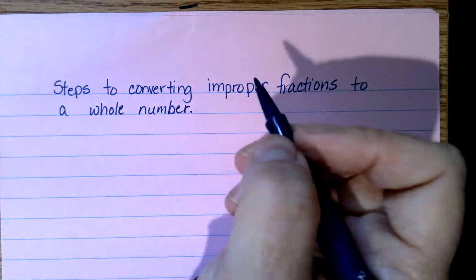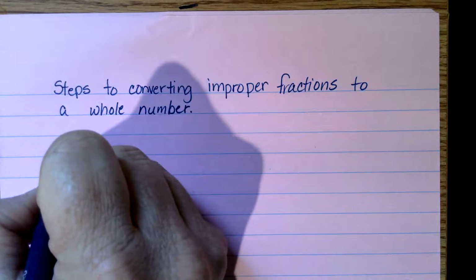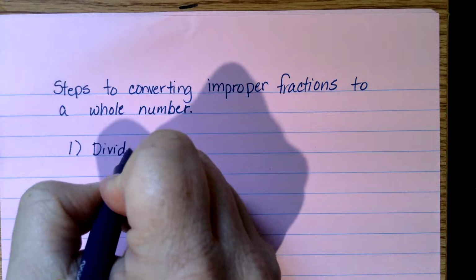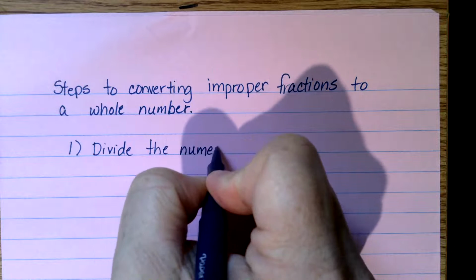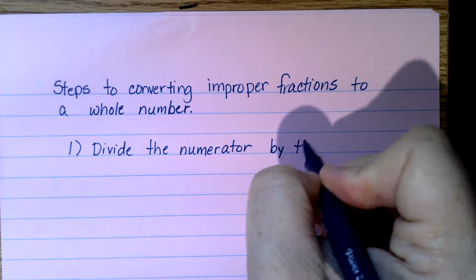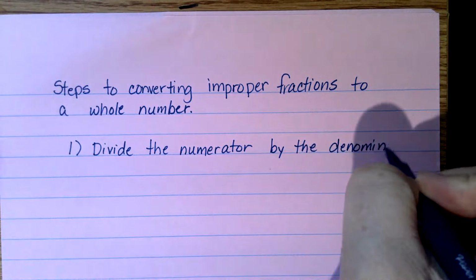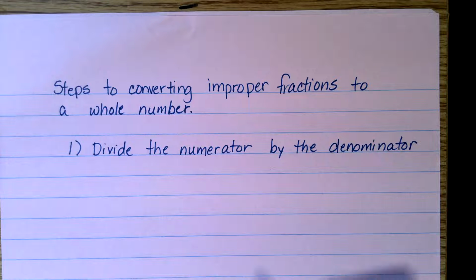All right, step number 1 is to divide the numerator by the denominator. Step 2 is to write down the whole number part of the answer as the quotient.